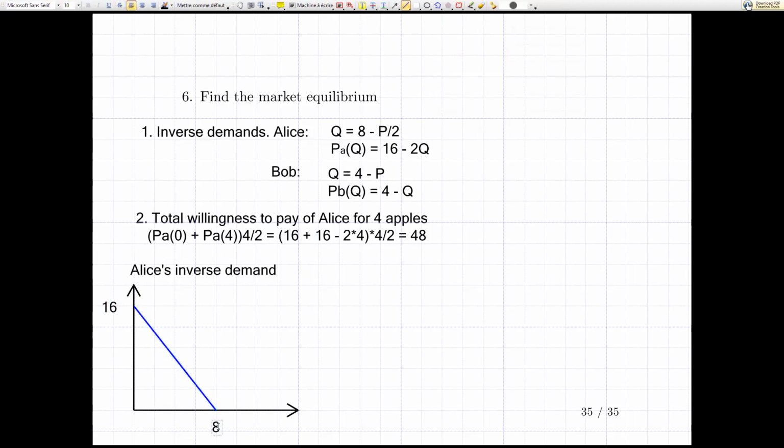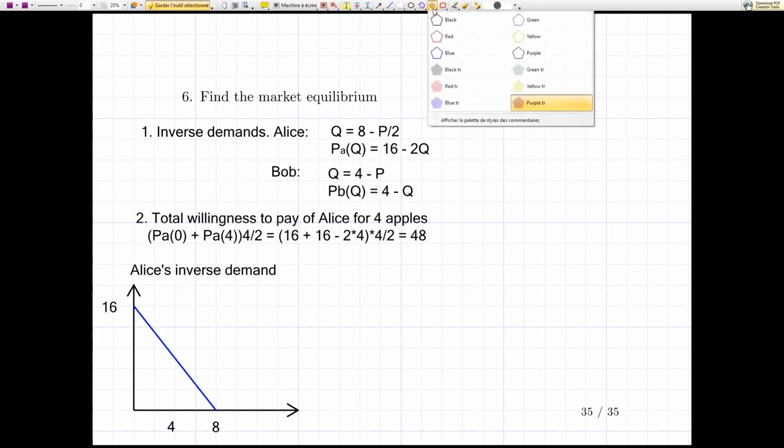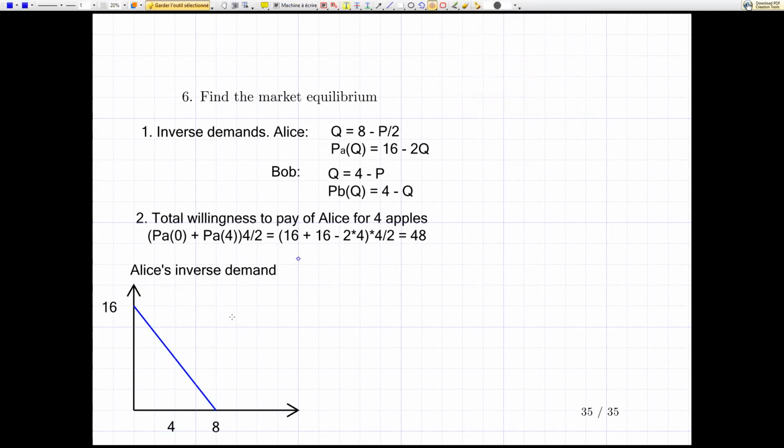Then 4 is halfway. And the total willingness to pay is this area here, right? So that's 16 plus 8 times 4 divided by 2. So that's 48. Okay.